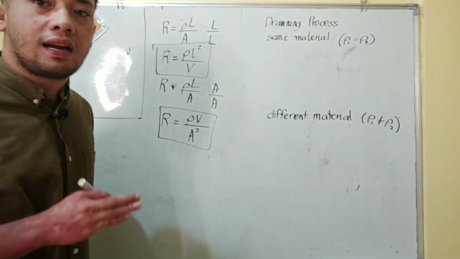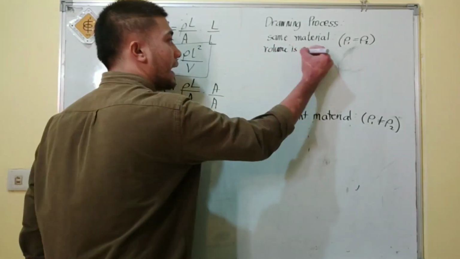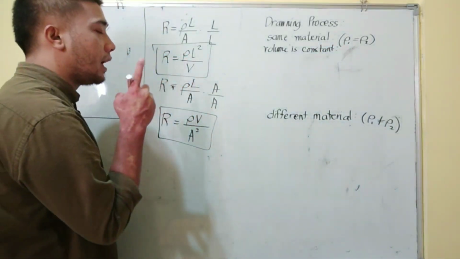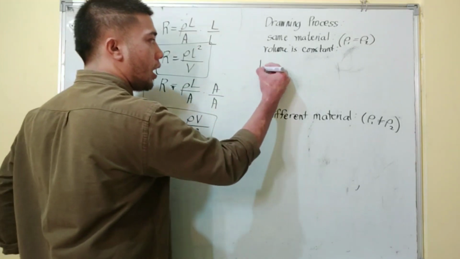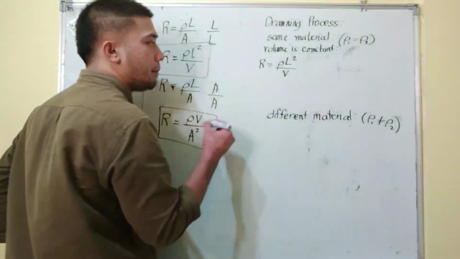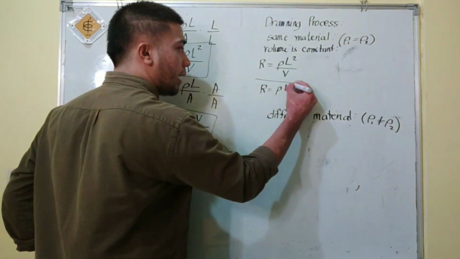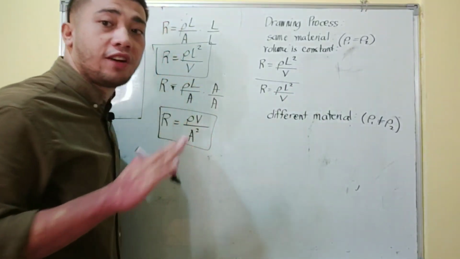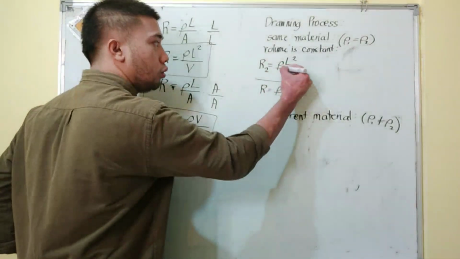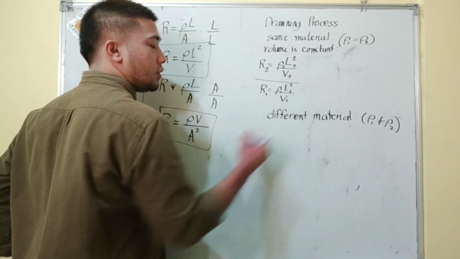In the same material, we will be assuming that the volume is constant. In this case, let's start our derivation of these formulas. R is equal to rho L squared over V. I'm going to divide it by another formula, rho L squared over V, since we have a versus analysis between two materials, so I'll put subscript 2 on one and subscript 1 on the other.